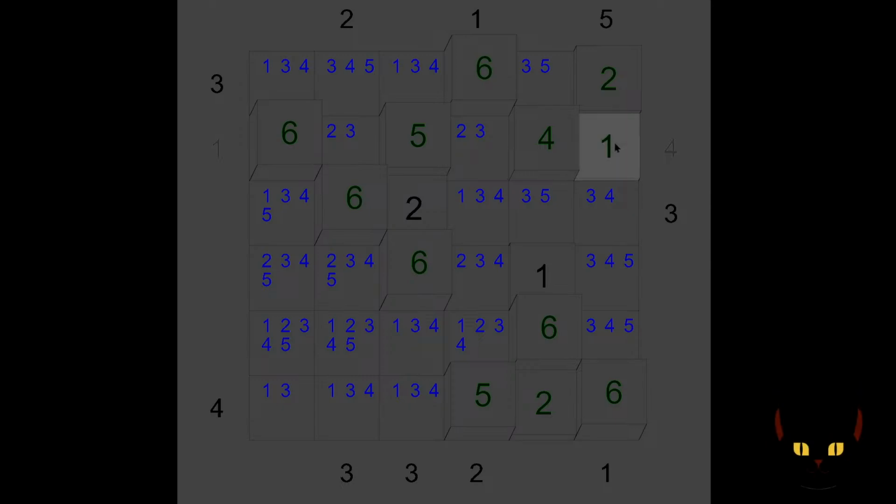So, let's see, the one is hiding, so these need to go in order to satisfy that. Yes, that's good. Those fives. Fours. Threes.